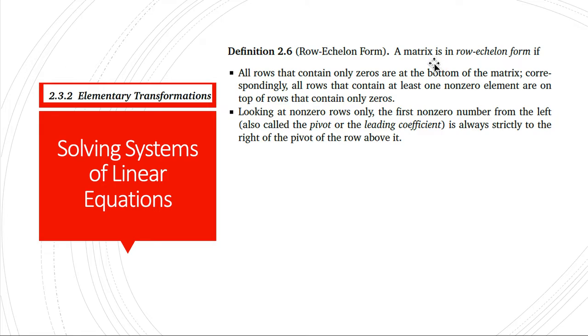A matrix is in row echelon form if all rows that contain only zeros are at the bottom of the matrix.